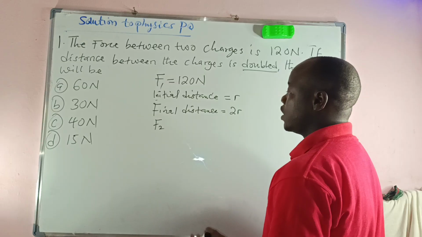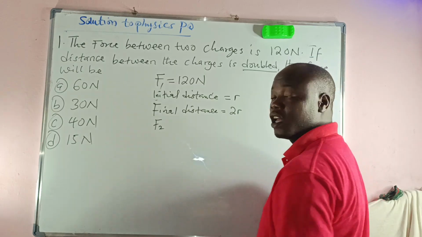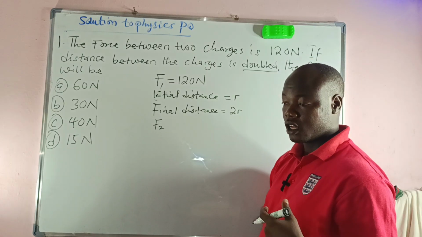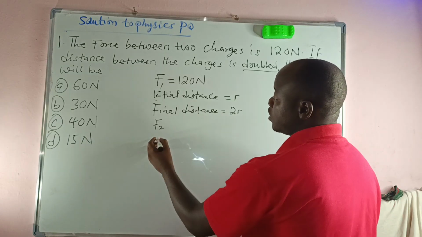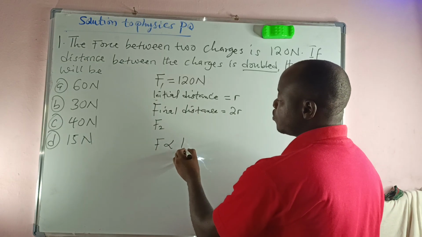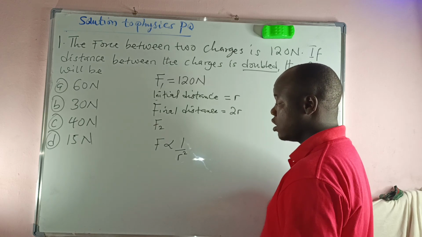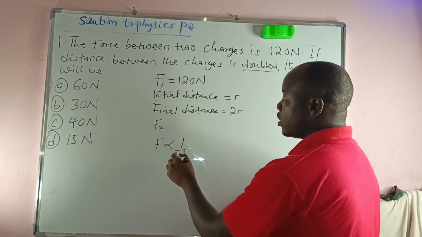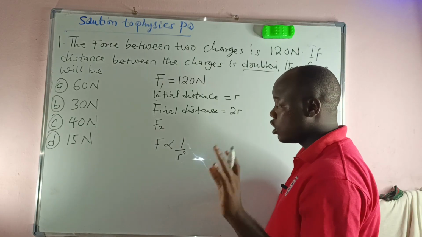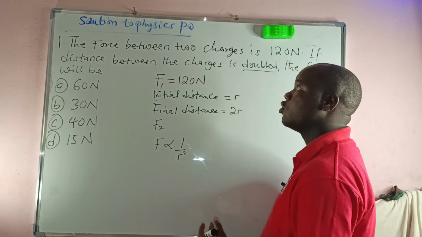So what I want us to understand, remember, according to Coulomb's law, the force is inversely proportional to R square. And remember, ladies and gentlemen, whenever we have proportionality, we introduce a constant.